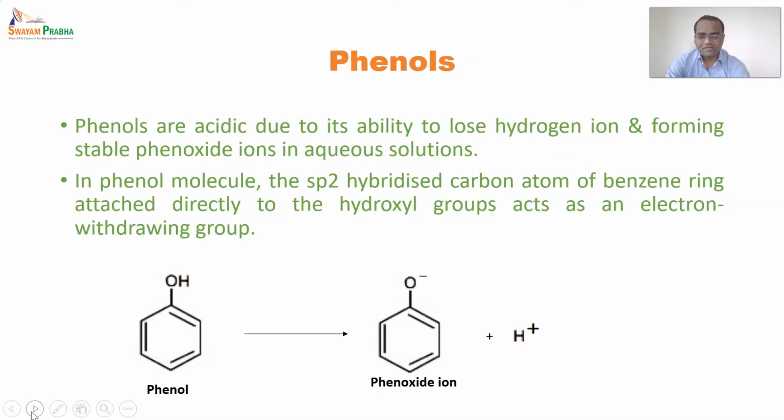Earlier, in Huckel's rule, we have seen that all the carbons of a benzene ring are sp2 hybridized, and the hydroxyl group attached to it directly acts as an electron withdrawing substituent for this ring. So it withdraws an electron from the ring and forms a negative charge on oxygen.